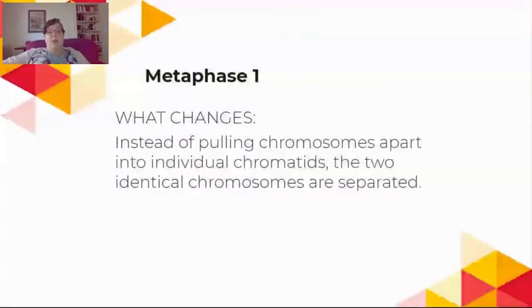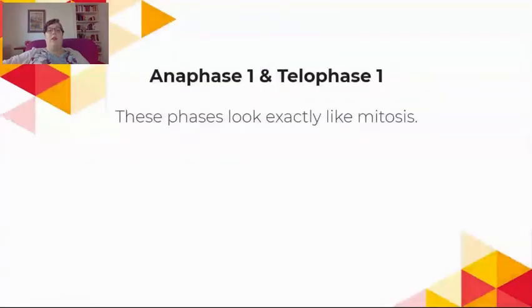So next we move into metaphase. In normal metaphase, in mitosis, the chromosomes all line up one on top of the other. In meiosis, in metaphase 1, those 2 identical chromosomes line up side by side. And those 2 identical chromosomes are what's going to be separated in anaphase 1.